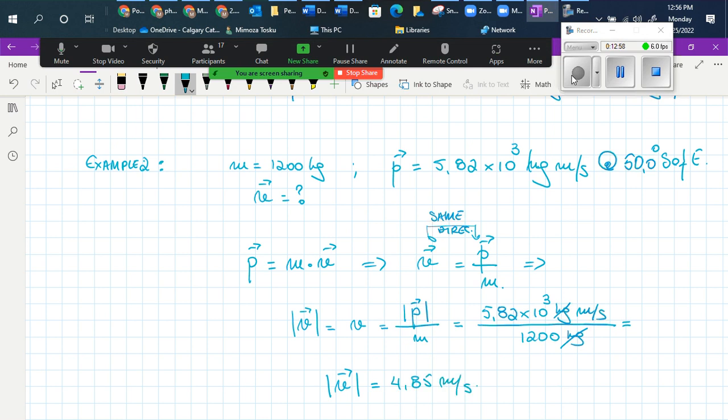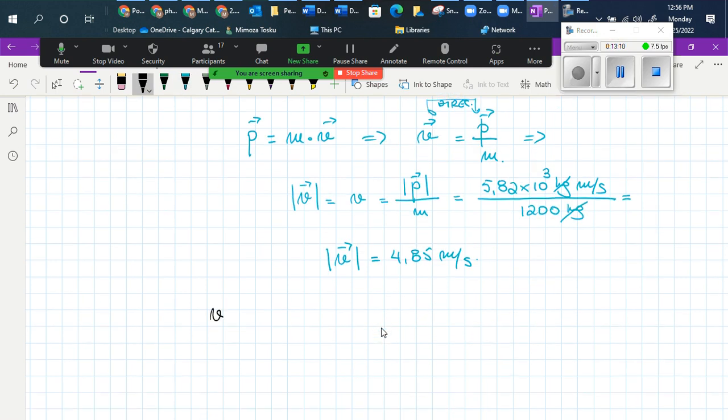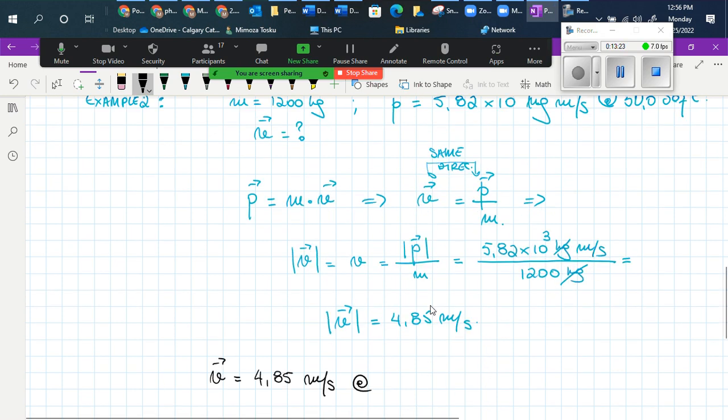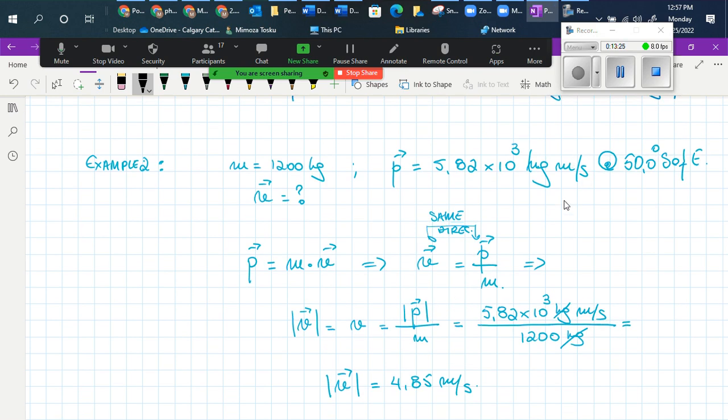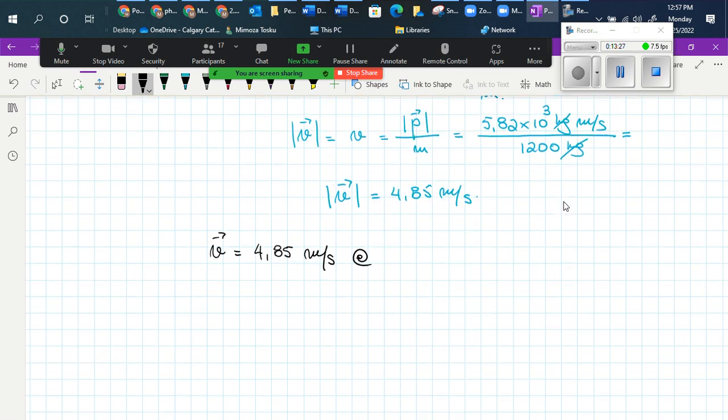And when you are stating in a written question what the velocity is, you will state it with the direction, because velocity is a vector quantity. So we'll have 4.85 meters per second in the same direction as the momentum, that is 50 degrees south of east.